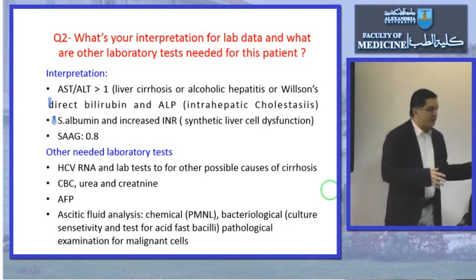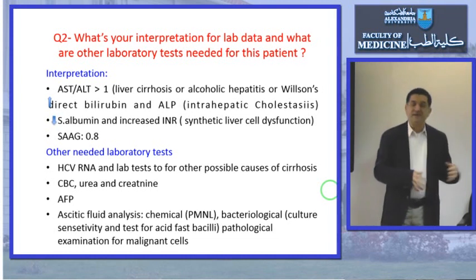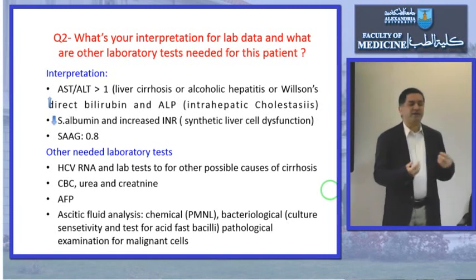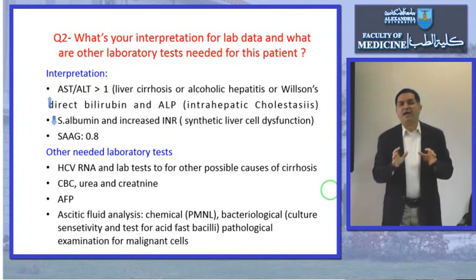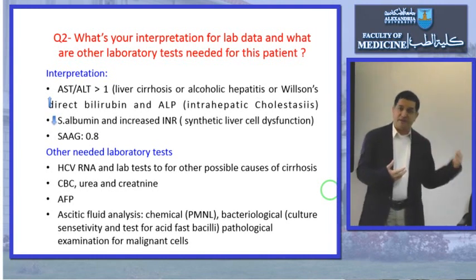Another point in the laboratory data is increased serum bilirubin, mainly direct, and increased alkaline phosphatase. This means that our patient has jaundice, cholestasis, which is a stasis of bile. And here it is most probably intrahepatic cholestasis. Why? Because the patient has biphasic hyperbilirubinemia, both direct and indirect are elevated, but direct is higher than indirect.